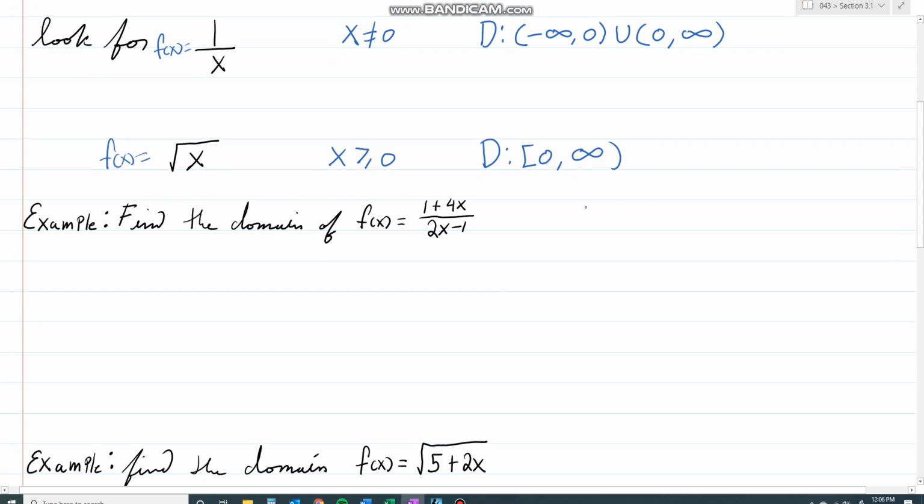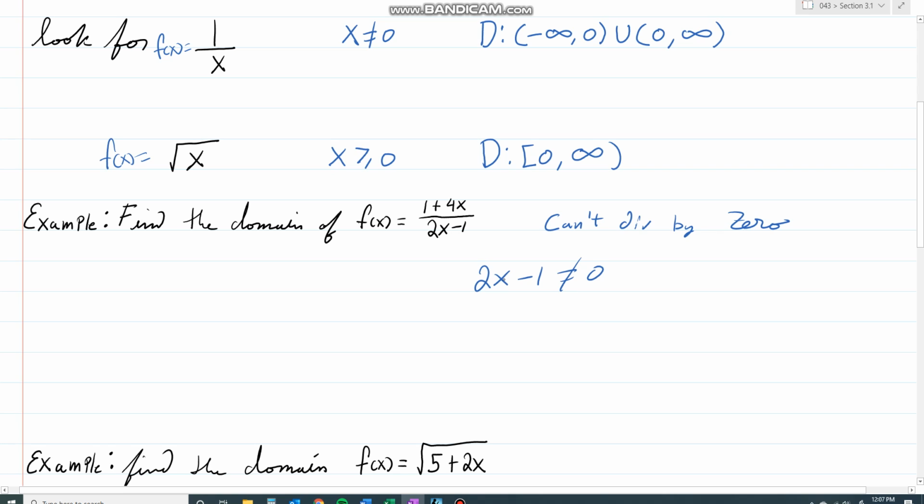Okay, let's find the domain of this function. F of x equals 1 plus 4x over 2x minus 1. So what case is this? Well, we have a fraction here, and we don't want to divide by 0. So you can't divide by 0. So 2x minus 1 cannot equal 0.